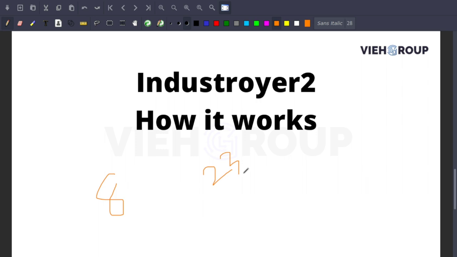Basically, Industroyer 2 implements only IEC 104. This is a protocol, and Industroyer 2, which was used to attack the Ukraine infrastructure, implemented the IEC 104 protocol for communicating with industrial equipment.